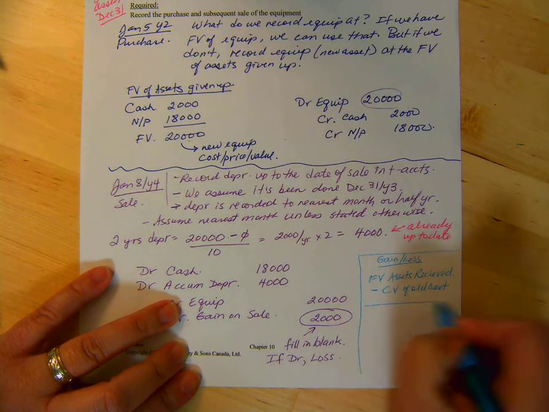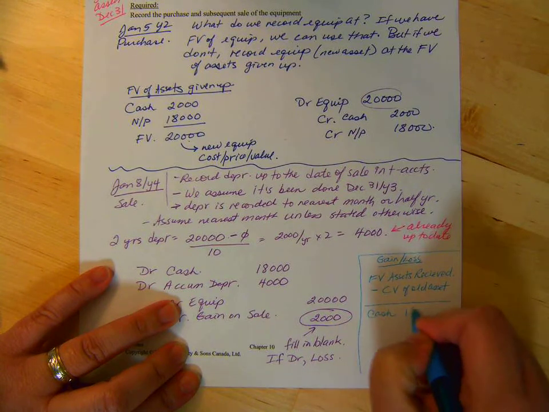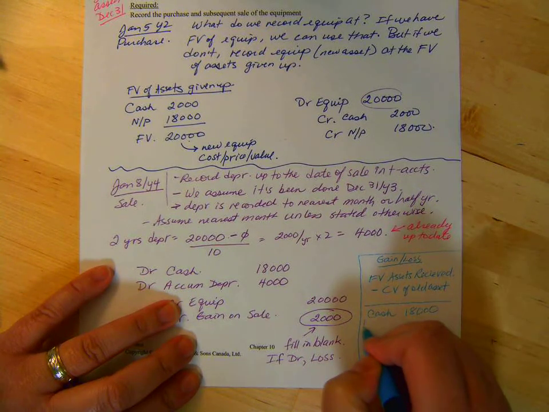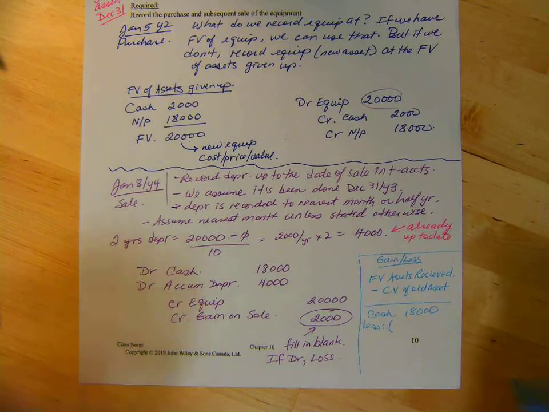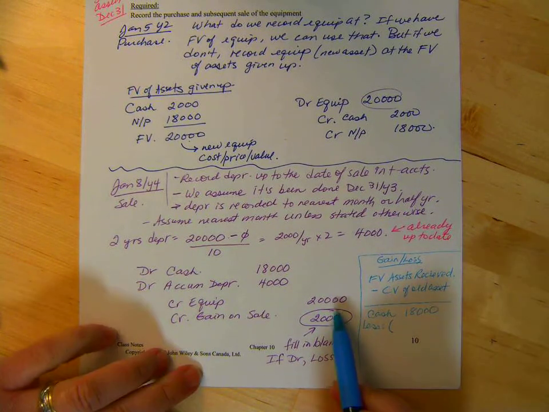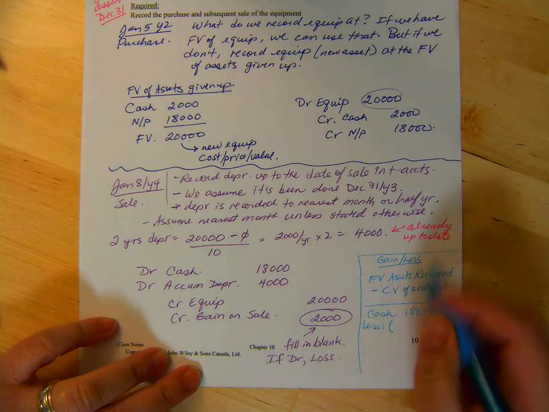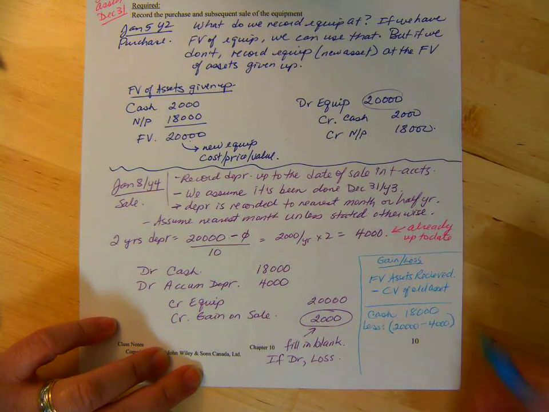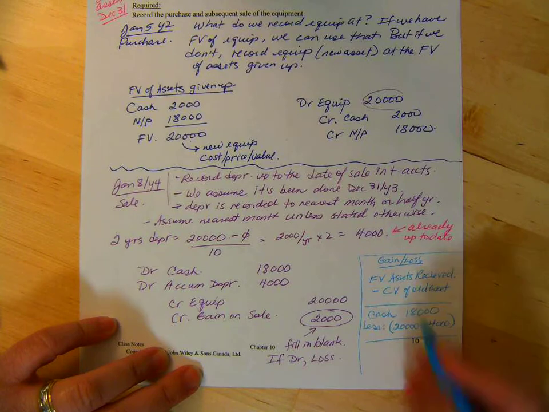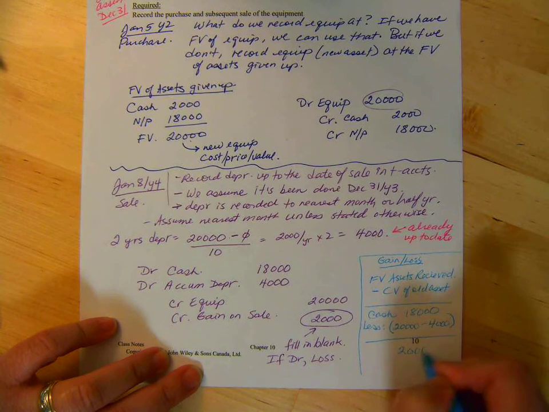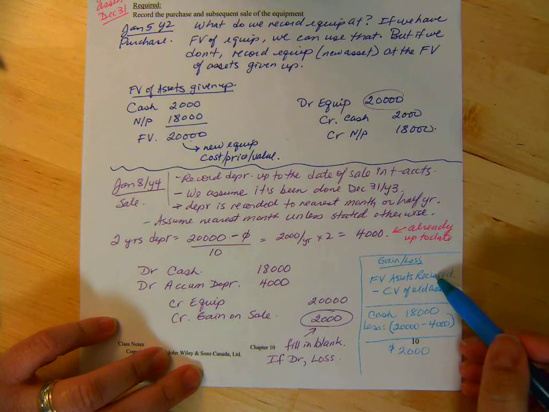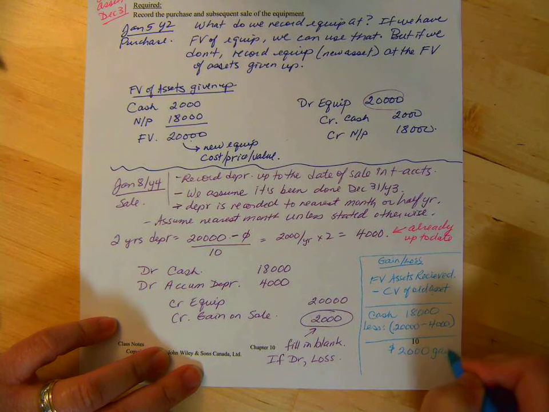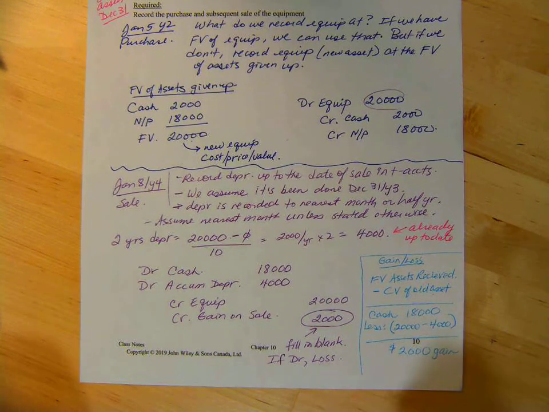So we've got cash of 18,000 less the carrying or book value of the old asset is 20 minus 4, so it's 18,000 minus 16,000. We've got $2,000. We got more assets on our books, so it's a gain. Okay, or fill in the blank, whichever makes more sense to you.